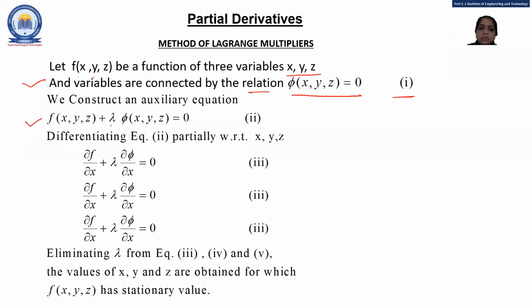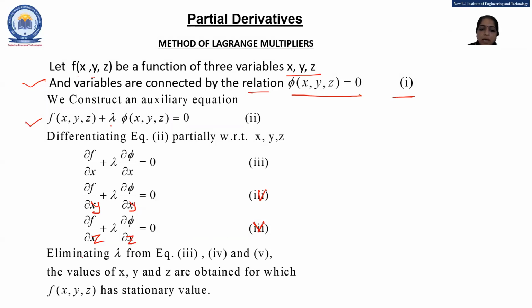The next step is we have to differentiate equation 2 partially with respect to x, y and z. After differentiating partially with respect to x, we get equation 3. With respect to y, we get equation number 4. And with respect to z, we get equation number 5.